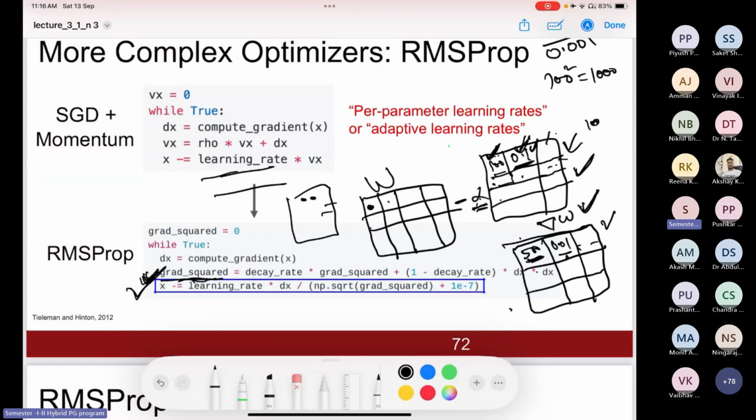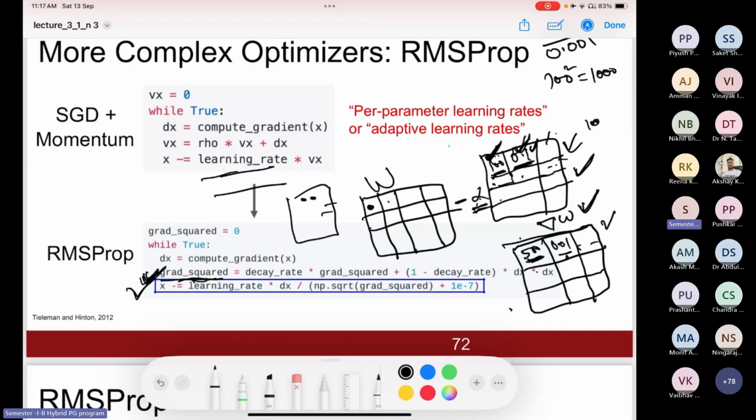But due to poor conditioning, you could have a higher value on one side and a lower value on another side, and that can create problems, like slowing the convergence. So that's why we want to change every individual value here, to put all the values in the matrix on the same page. So adaptively, we are changing every value here.